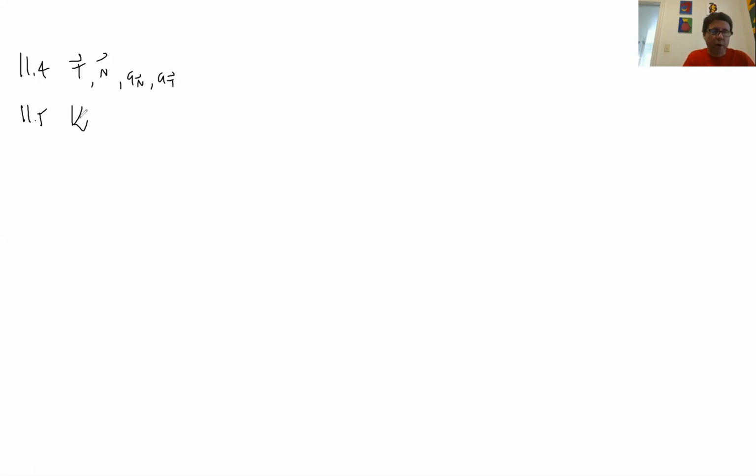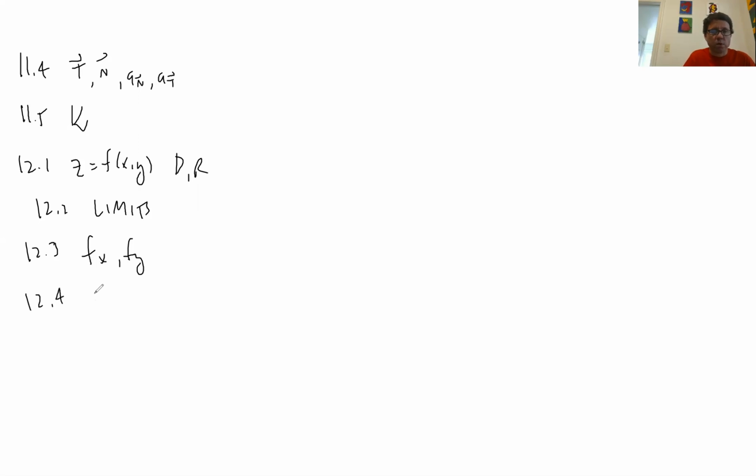There was the arc length parameter, but we jumped over that pretty quickly. 12.1 is just definitions of these things, domain, range. 12.2 is limits. 12.3 is partial derivatives. And more. 12.4 was on df. 12.5 is what we just did. 12.6 even. Yeah.